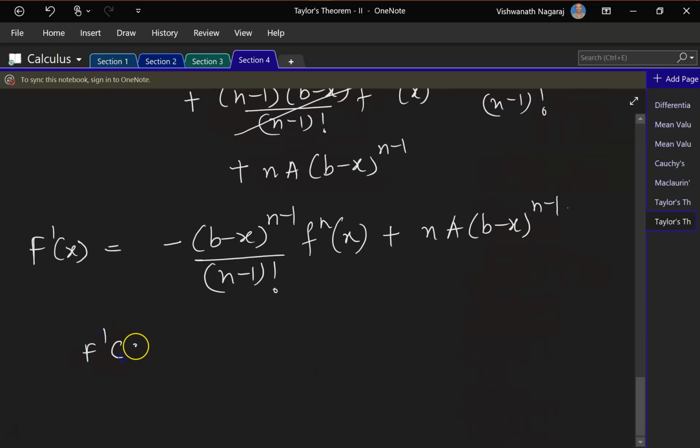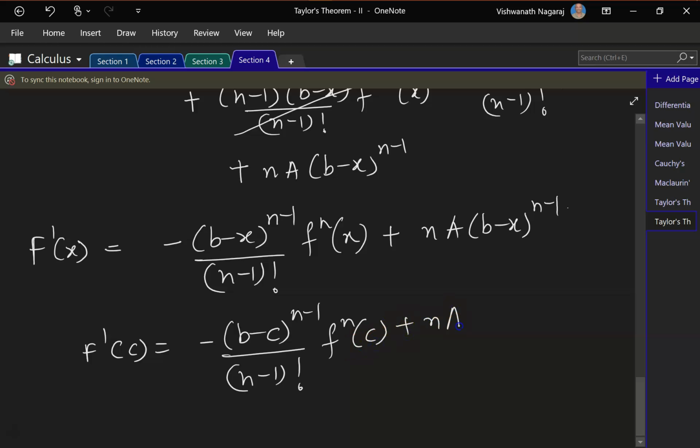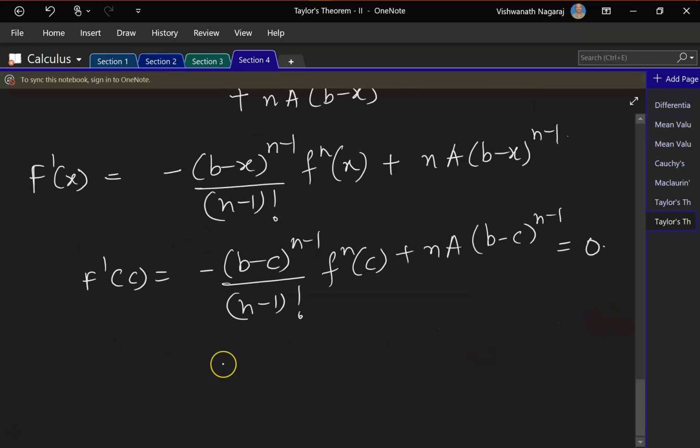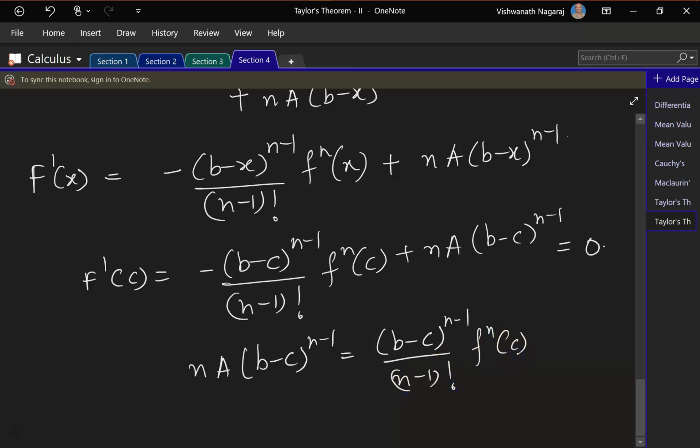So f prime of c is equal to b minus c n minus 1 by n minus 1 factorial f n of c plus n a b minus c n minus 1 is equal to 0. Let's simplify this. N a b minus c to the power of n minus 1 is equal to b minus c n minus 1 by n minus 1 factorial nth derivative of f of c.